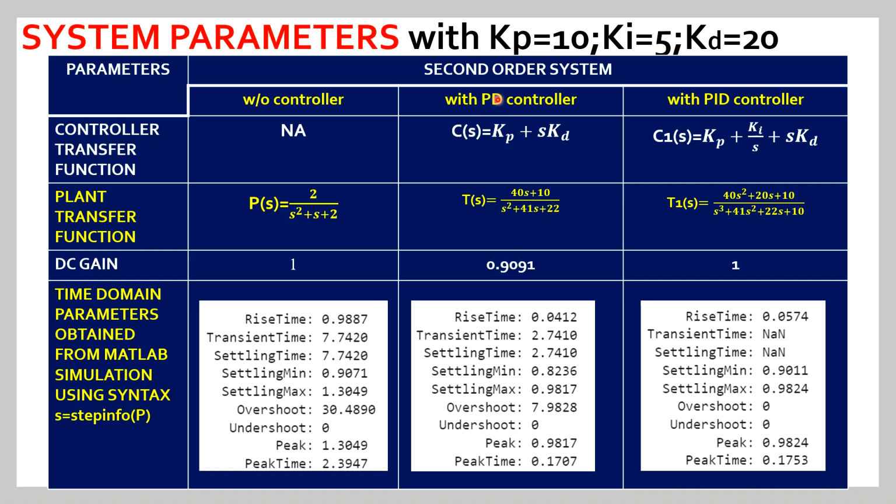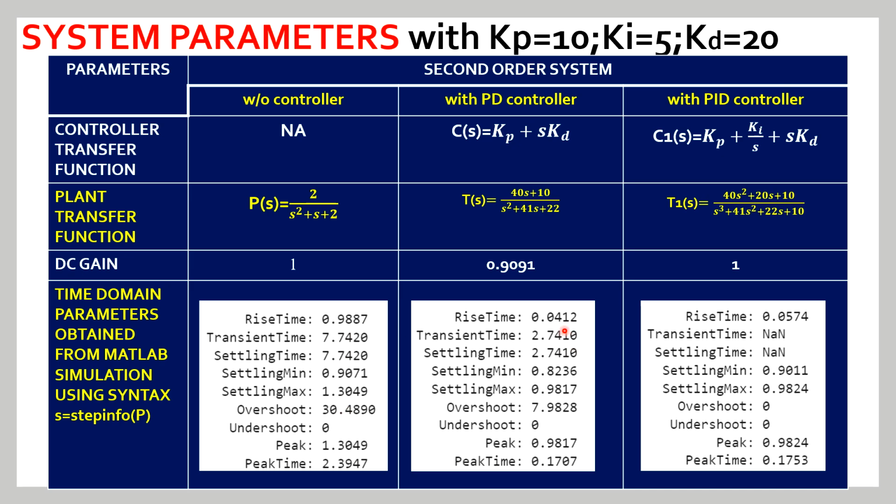With the proportional derivative controller, as we discussed in the previous slide, there will be a steady state error. My final value without controller is 1. With the controller introduced, it creates an error and hence my final value is 0.909. With the PD controller, we can observe my overshoot has decreased to 7.98%, from initially 30%.